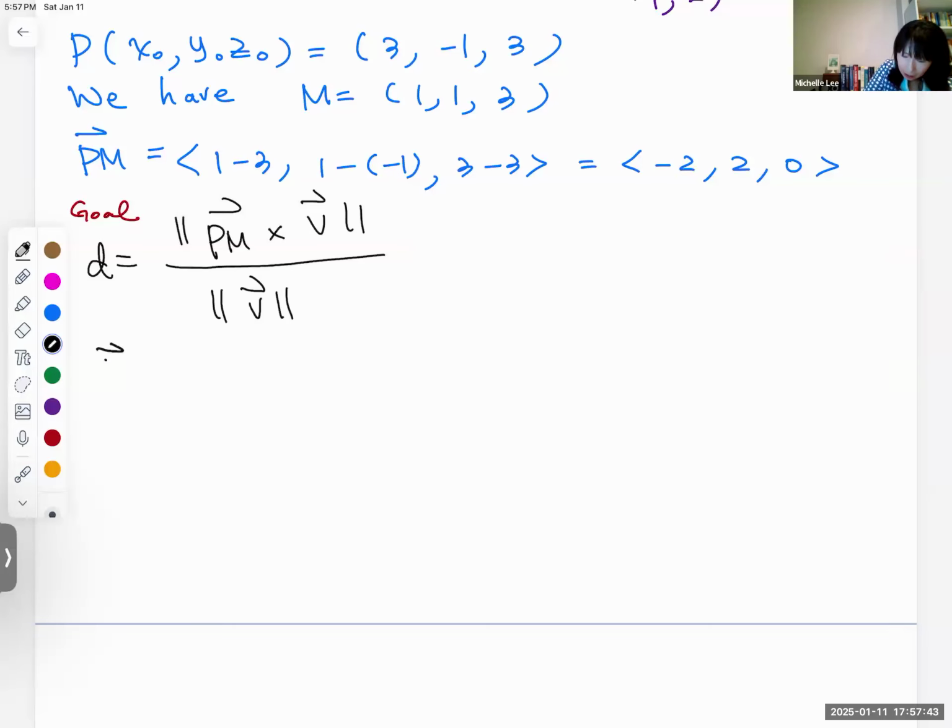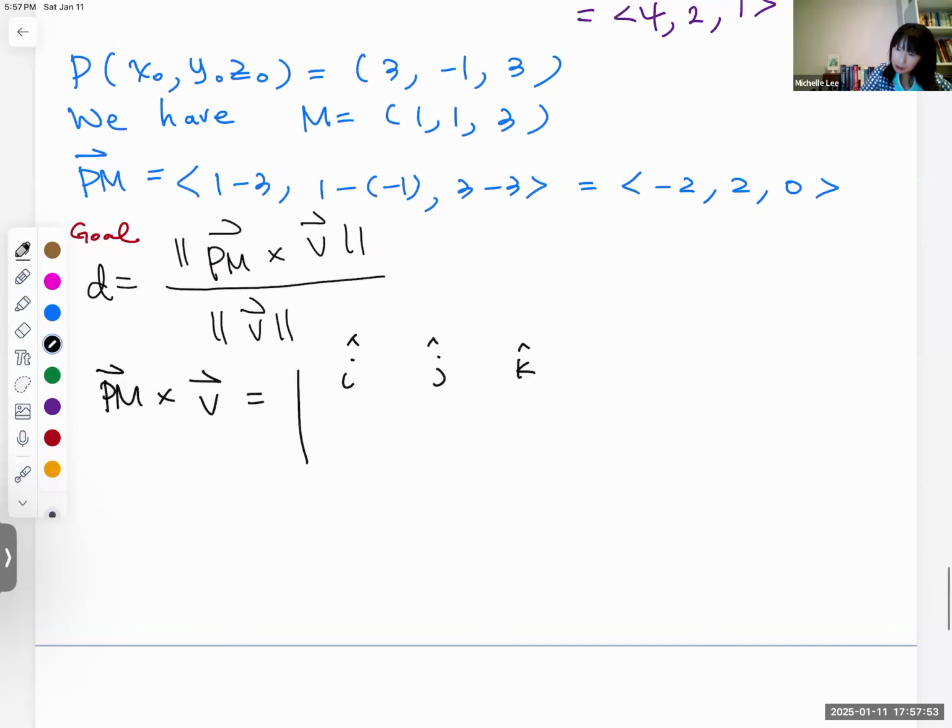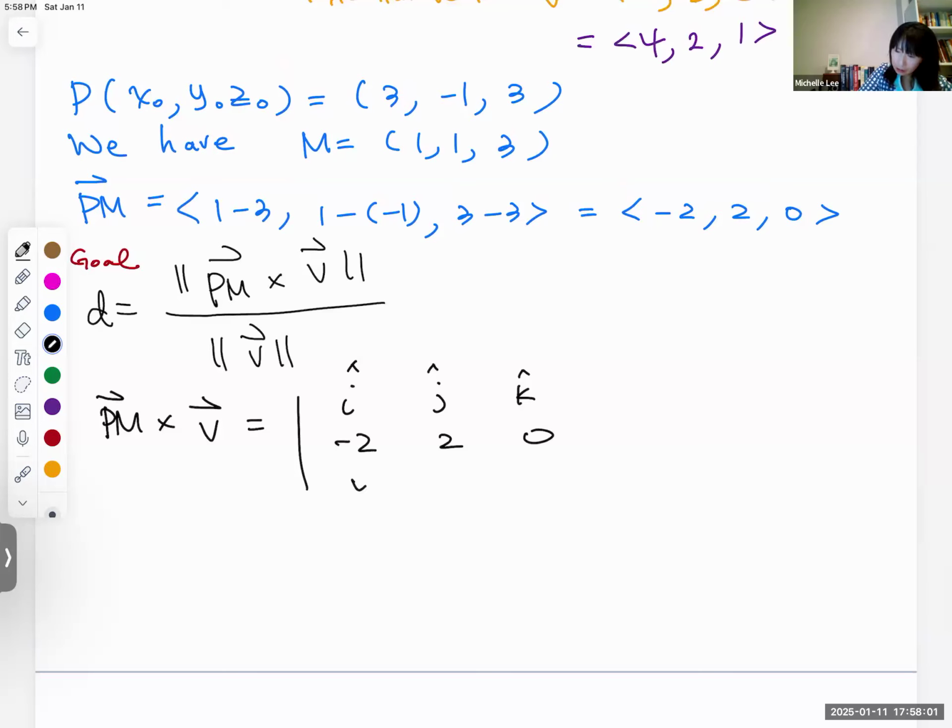So PM cross vector V, which is i, j, k. Then PM, which is -2, 2, 0, V, which is 4, 2, 1, right? All right, so that will be i minus j plus k, right? Plus, minus, plus.